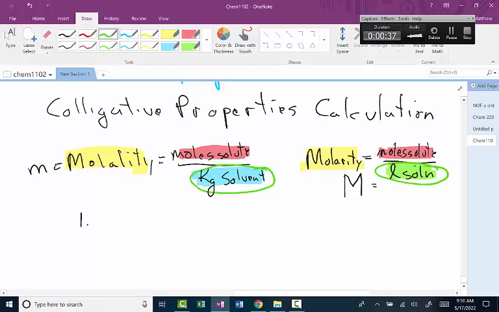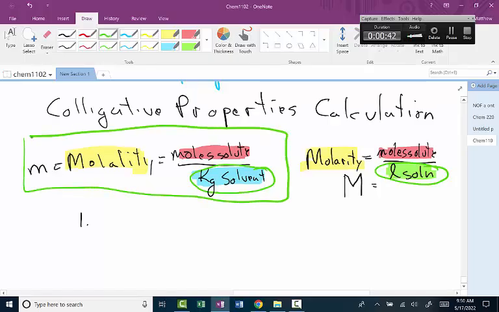All colligative properties go with molality, and so the two equations we're going to do, we'll start with boiling point elevation.